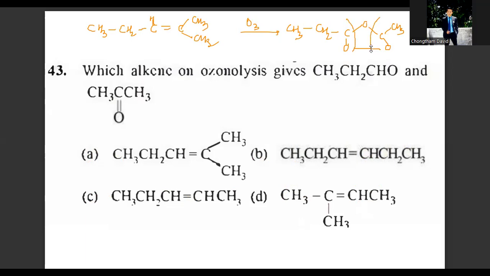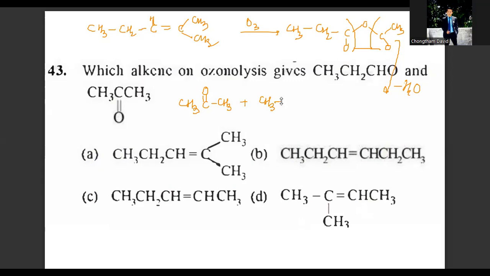Okay. When you add zinc or make it undergo hydrolysis, by abstraction of water molecule, you will now get a carbonyl compound. Two types of carbon: one will be aldehyde and another will be ketone. These are some basic, easy questions.